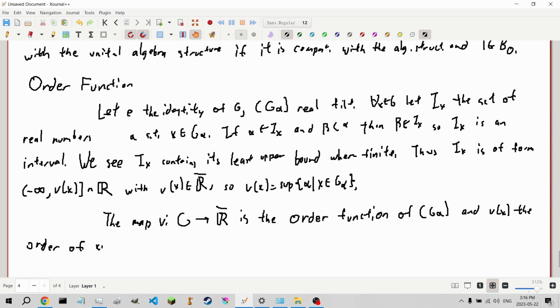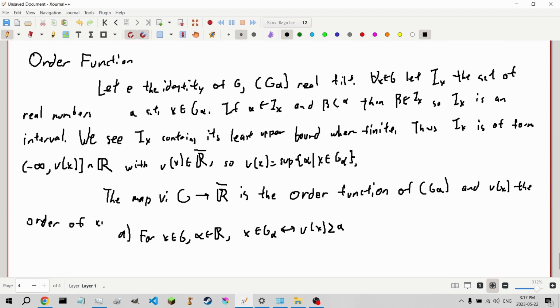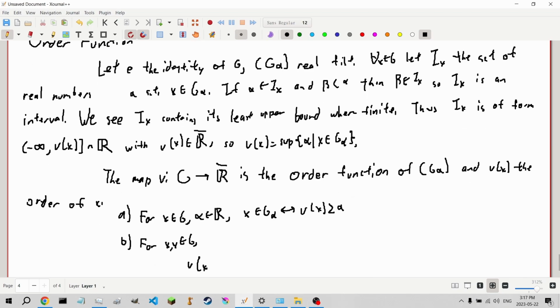Then we get the following properties. A: for x in G and alpha being a real number, x is in G_alpha if and only if the order of x is at least alpha. B: for x and y in G, we've seen this before, V of the inverse of x is V of x.